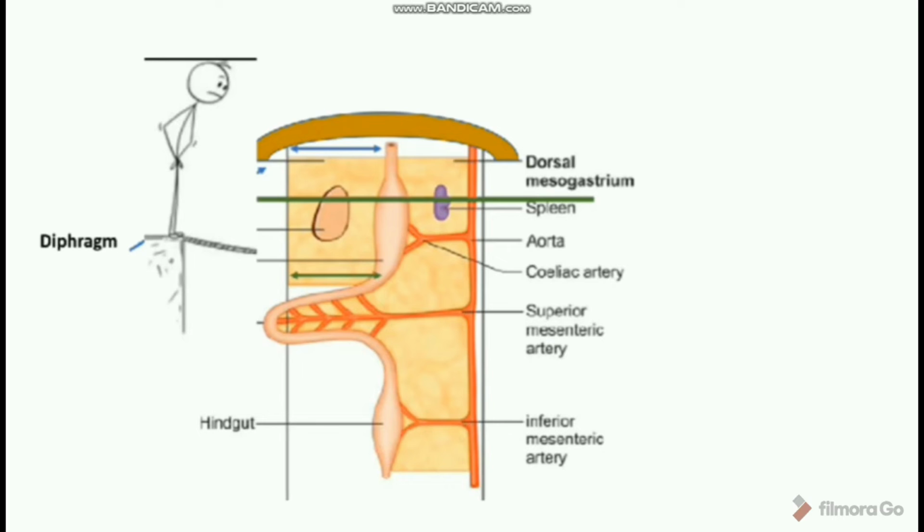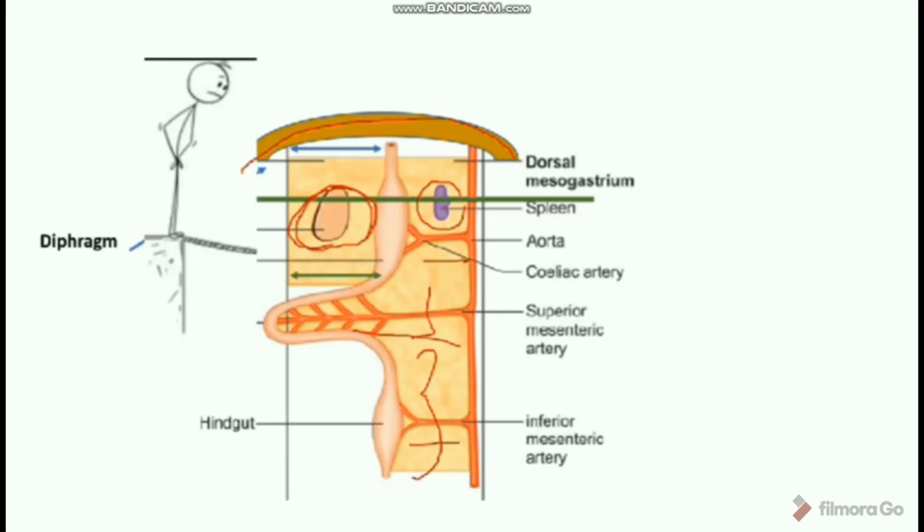You're seeing the ventral mesogastrium is helping the liver to grow within it, and the dorsal mesogastrium is helping the spleen to grow within it. One thing above here is the dome of the diaphragm, and the rest of the gut tube, the midgut and the hindgut, has only the posterior attachment, as I told you before, and they're also conveying the blood vessels through them, so they won't get tangled.